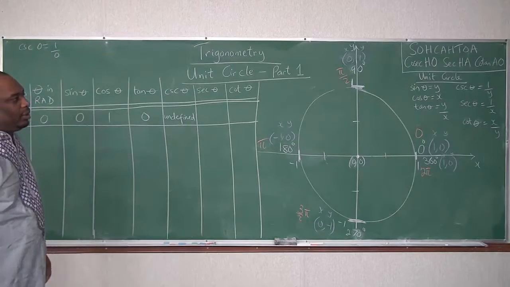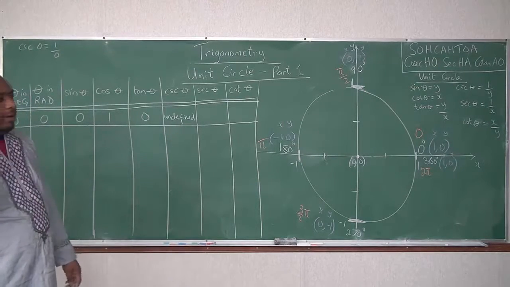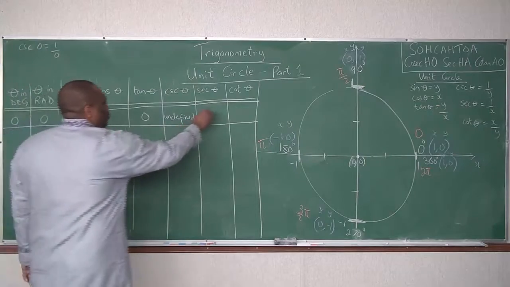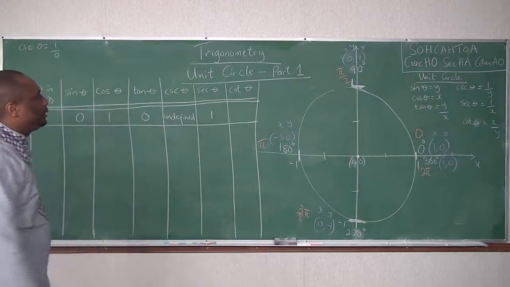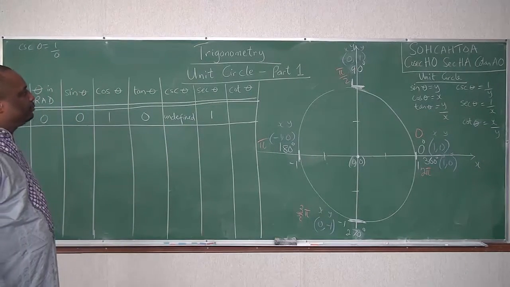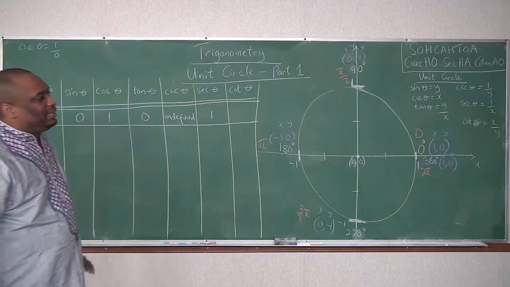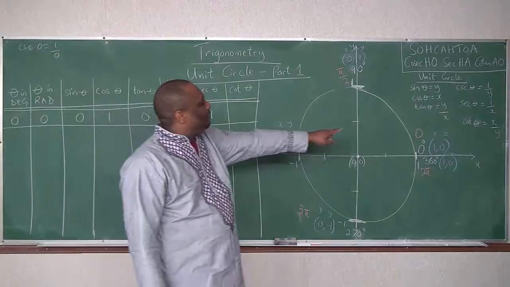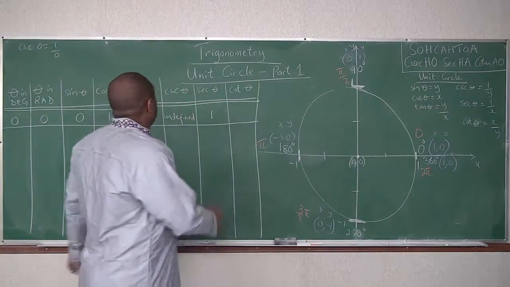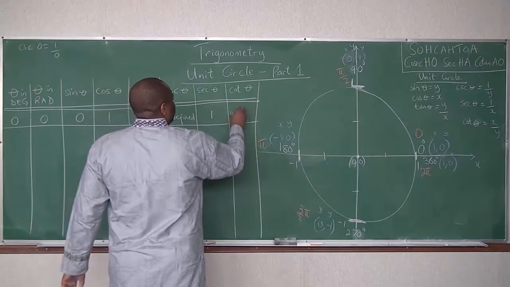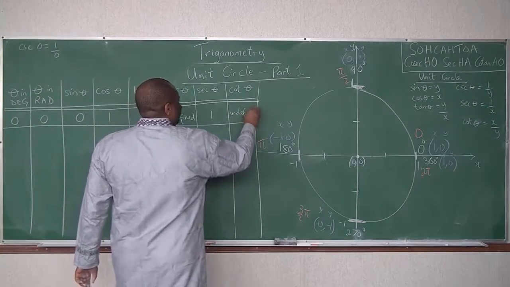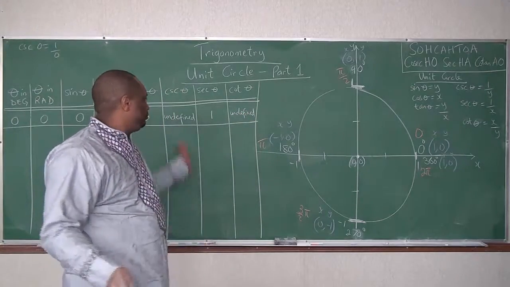Sec 0 is 1 over x, which is 1 over 1, which is 1. Now, cotan 0 is x over y. It will be 1 divided by 0 also, and that is undefined. And you can always check this out with your calculator.